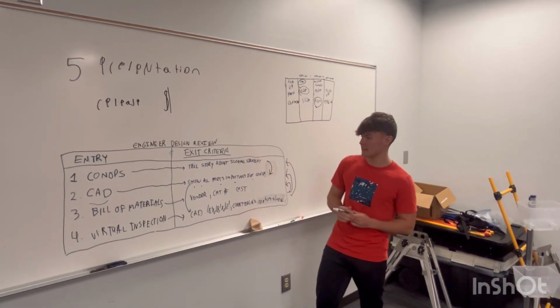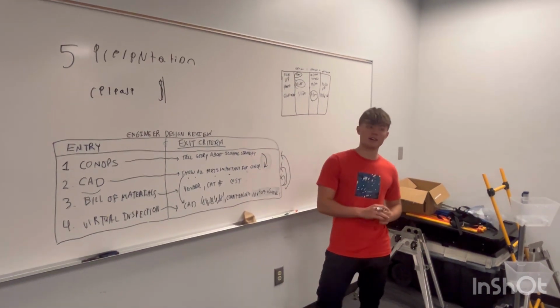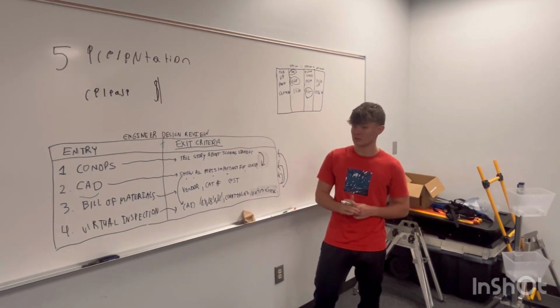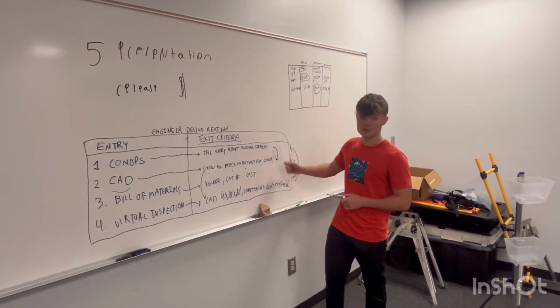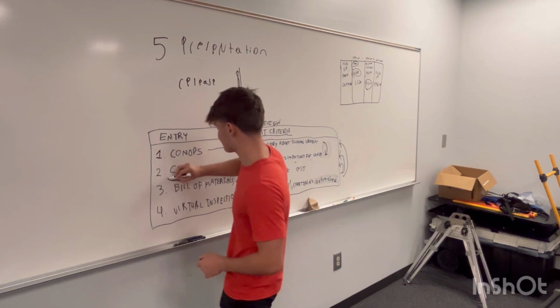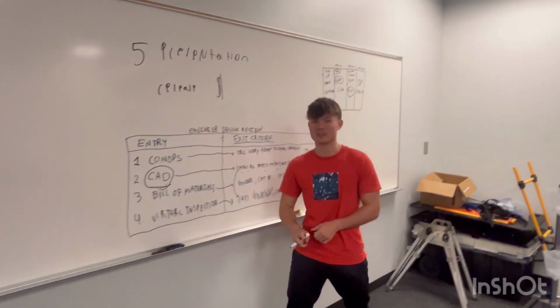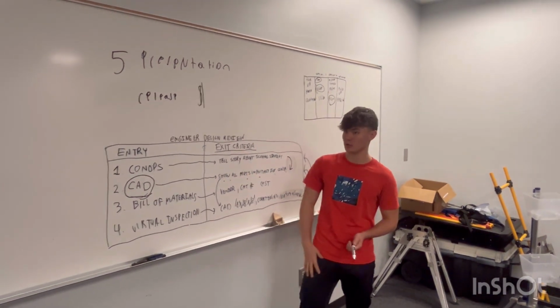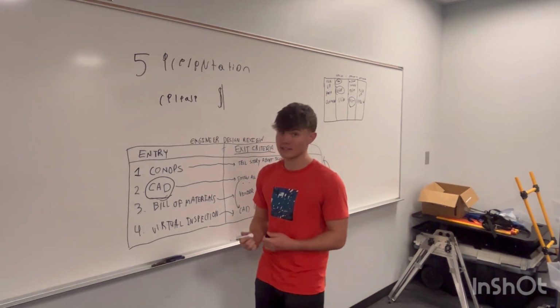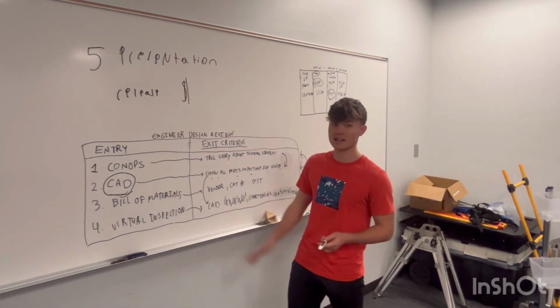A couple of other things that are really nice: CAD software makes it really easy to know what you need. This is probably the most important step, and if you take anything away from this, I would say try and CAD out your robot before you actually build it. It ties together all these other parts.